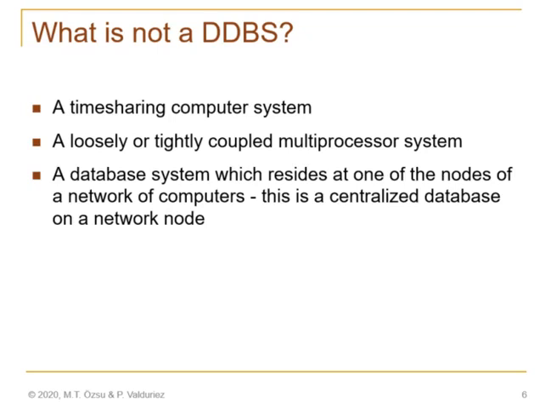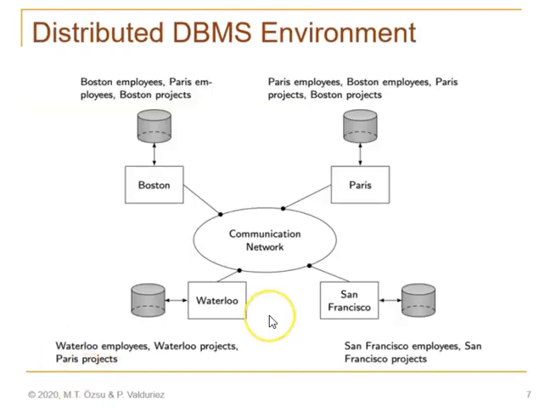On the next slide, there is another graph that shows a distributed database system environment that has 4 sites. So we're assuming that there is a site for this company, probably Boston. There's Boston, Paris, Waterloo, and San Francisco.